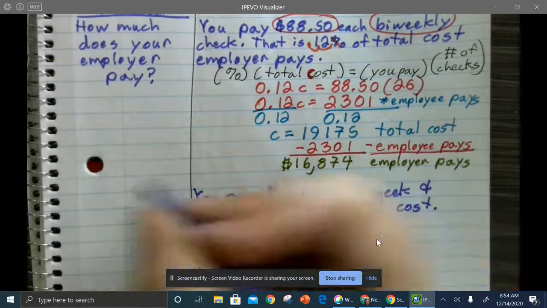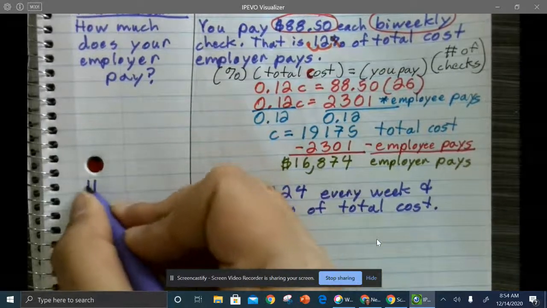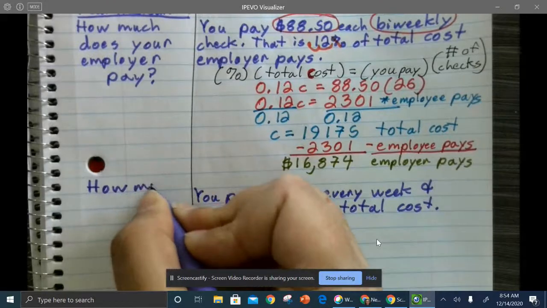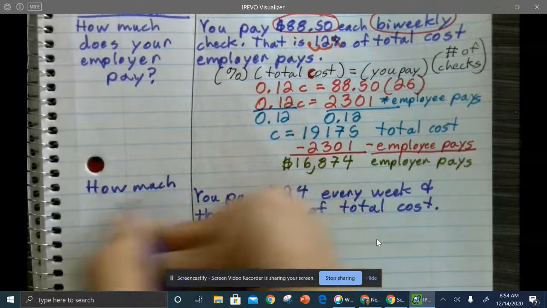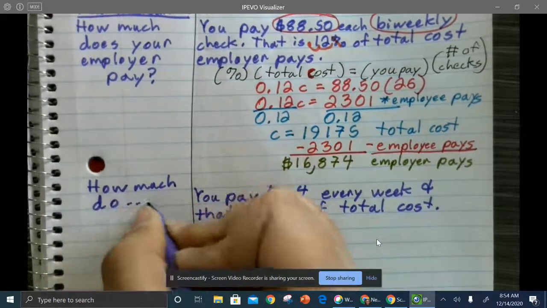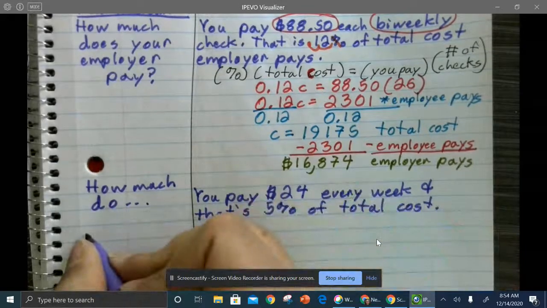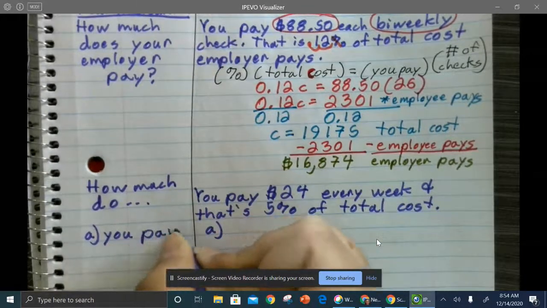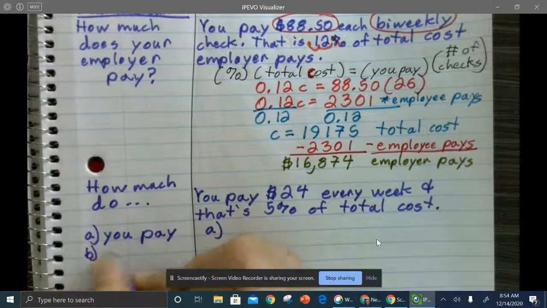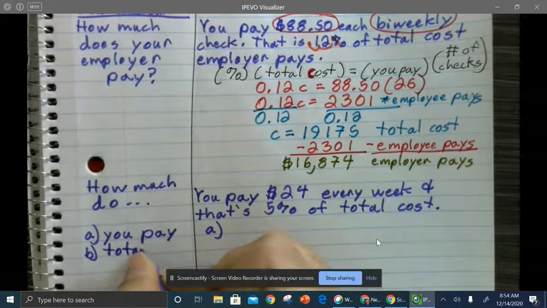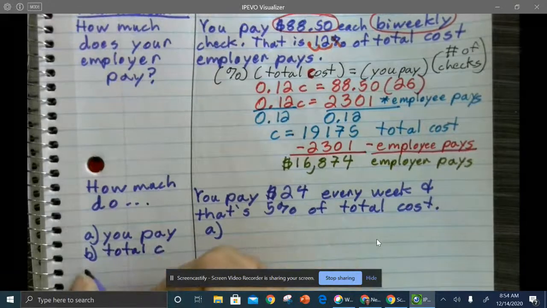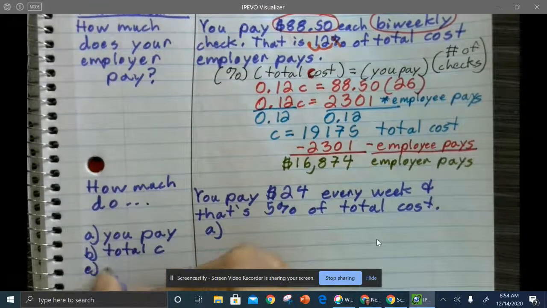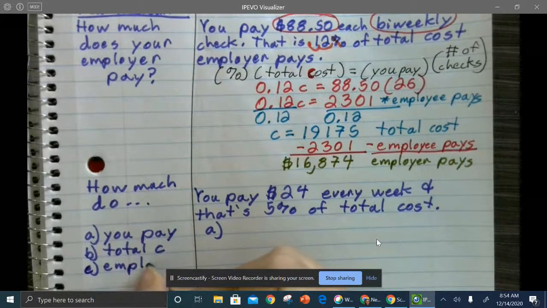Okay, so how much do, okay, so A is you pay, total cost, and then the employer pays.